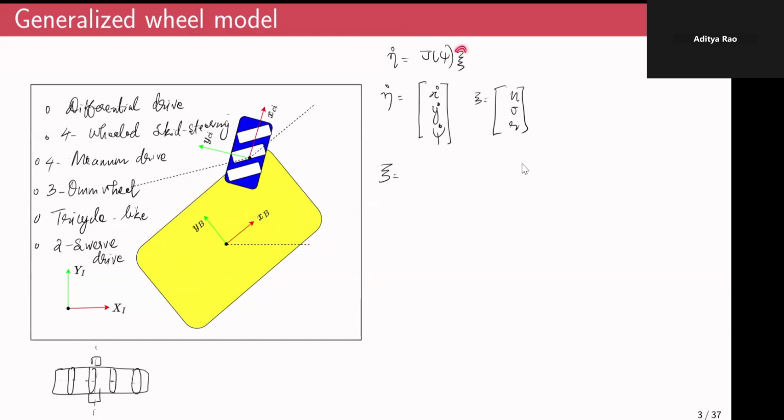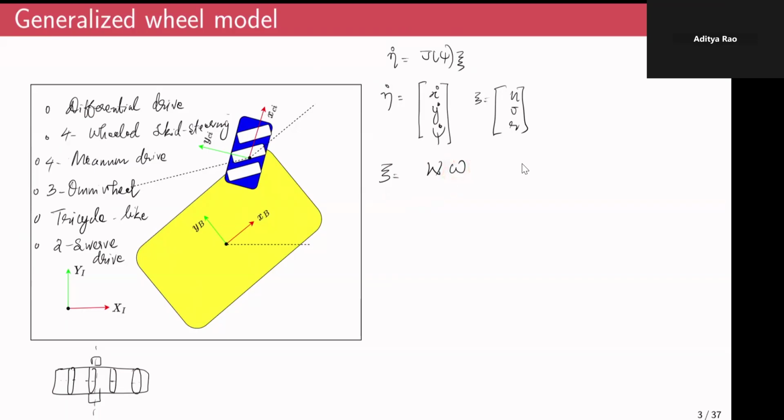that we can map this zeta to the angular velocity of the wheel using a wheel mapping matrix, or a wheel characteristic matrix. We call this the W matrix, right? Our objective for this class is to find out what this W matrix is, so that we can actually create a mapping from the zeta coordinate to the wheel's angular velocity. Because this is what our input would be, right?